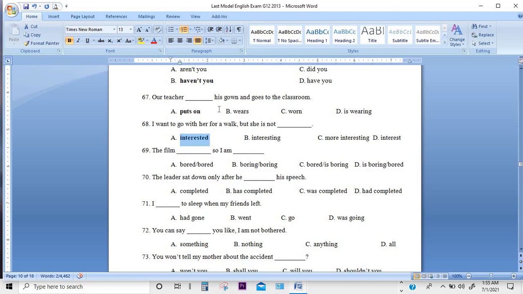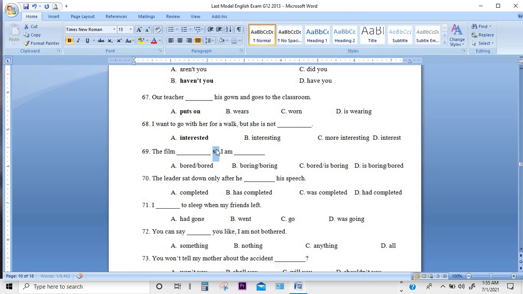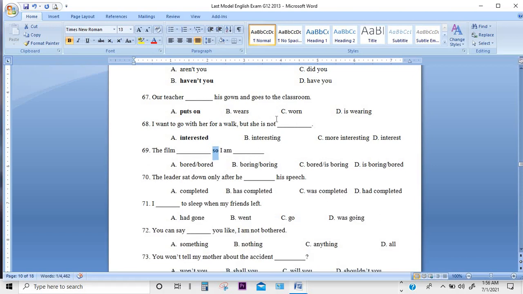ይሄም ጥያቄ ከዚህ በፊት ሰርተነዋል. The conjunction here is so, it's used in a result clause. The film dash is the main clause, which needs a verb. So it is a cause and effect relationship: the film is the cause, and so I am is the result.